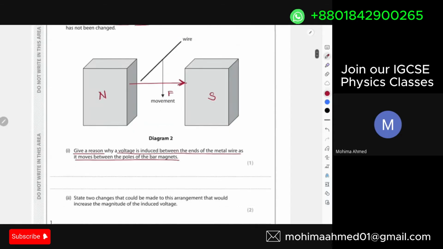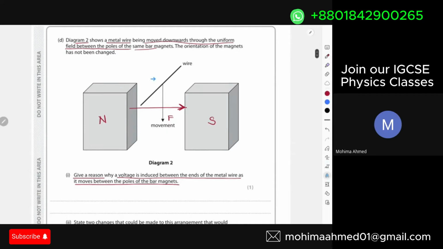Like over here, when you push this wire in between the field lines of the bar magnet, why will a voltage be induced? This is your induced voltage, right? Induced voltage means that whenever a conductor is in motion inside a field, obviously a voltage will get induced across the wire, right? That was the concept according to Fleming's rule.